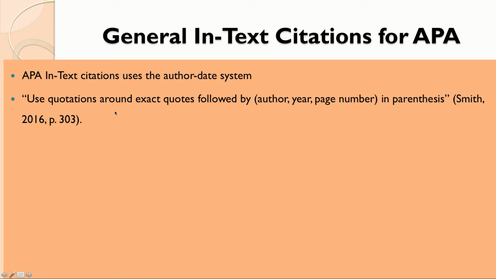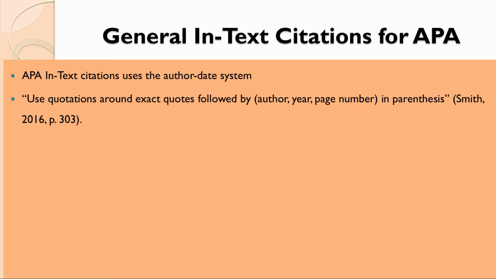So let's say that was the direct quote. Here would be our example. We would have done Smith, comma, 2016, comma, p, period, space, 303, parentheses, and then you have your period on the outside. That's for direct quotes.